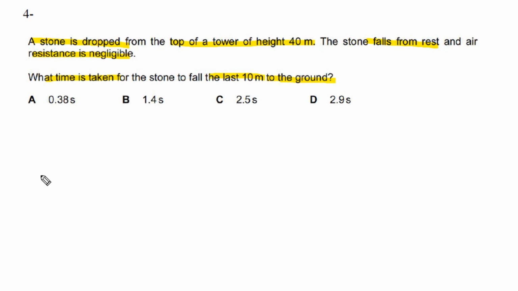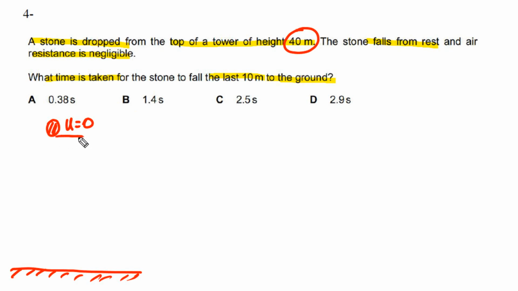The best way to answer this question is, first of all, to sketch. Let's say this is the stone. It is dropped from this point. Its initial velocity is equal to 0. And let's say the ground is here. As the height is given as 40 meters, this distance is equal to 40 meters.